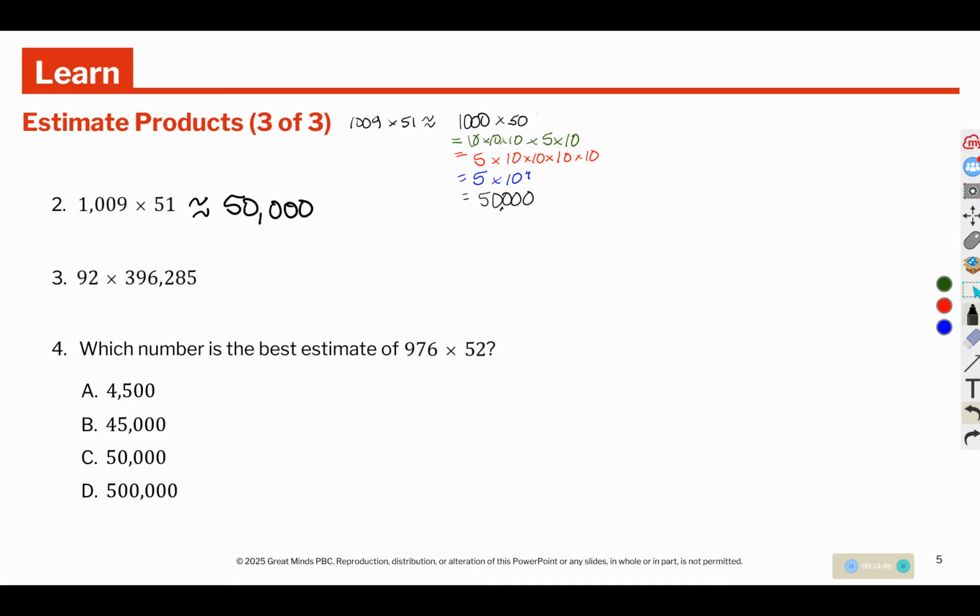I'm going to approximate mine as 90. So we have 92 times 396,285. And I'm approximating that as 90. And this one, I'm going to round it all the way up to 400,000.